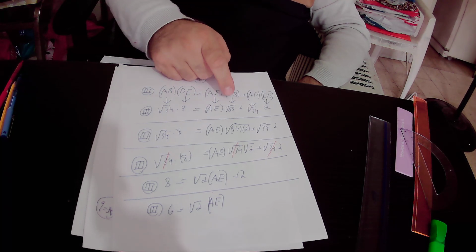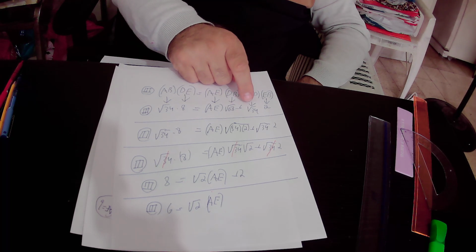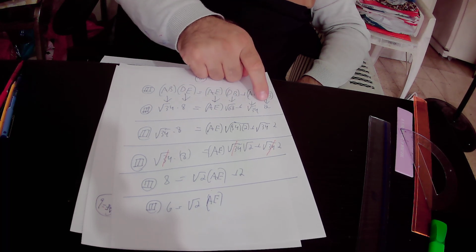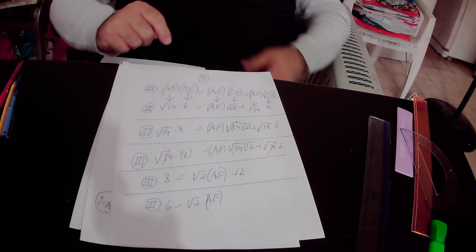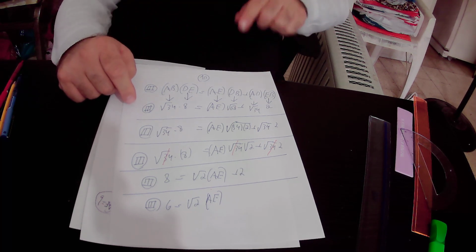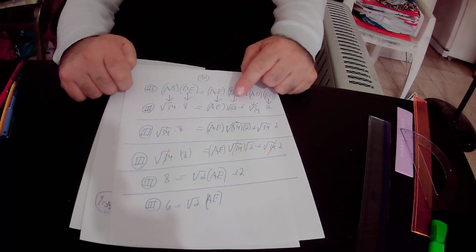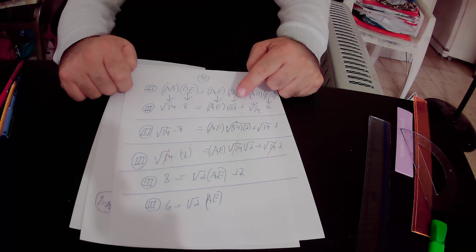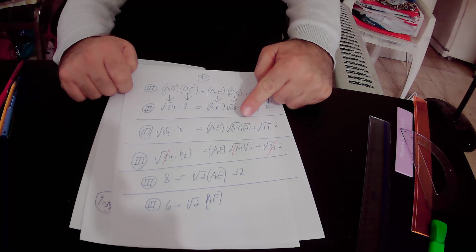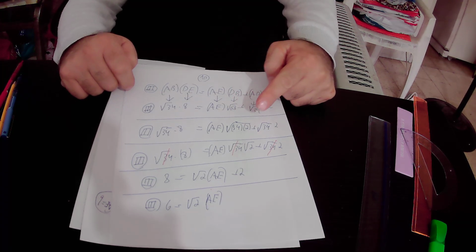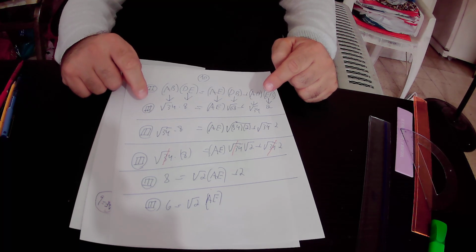DB equals the square root of 68, AD equals the square root of 34, and BE equals 2 units. It is given in the question. Here 68 is 34 times 2, so we substitute 68 by 34 times 2, and the other variables remain as they are.